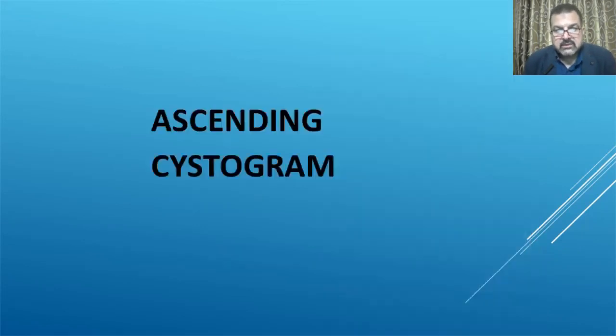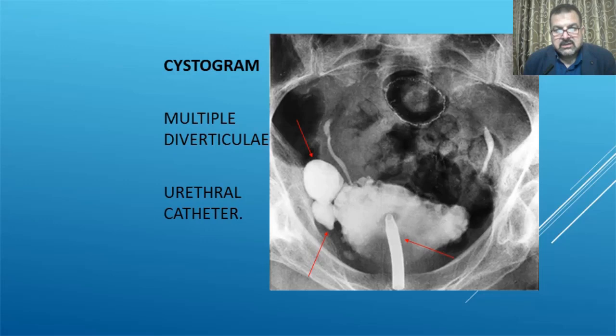Ascending urethrocystogram, as we told, we can inject diluted contrast material through the urethra, and you can take films for the anterior urethra, posterior urethra, and the bladder.